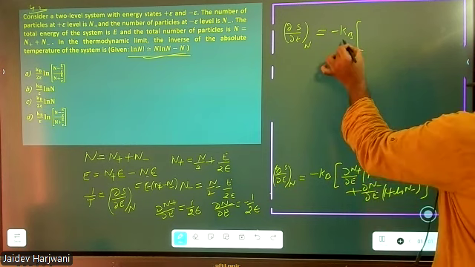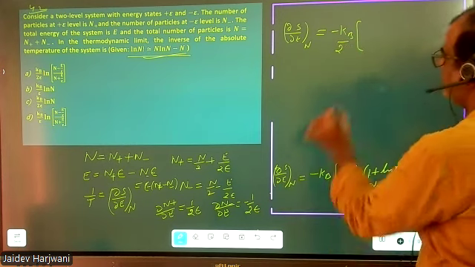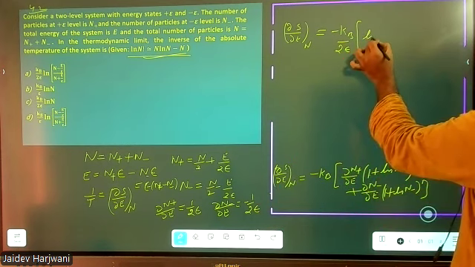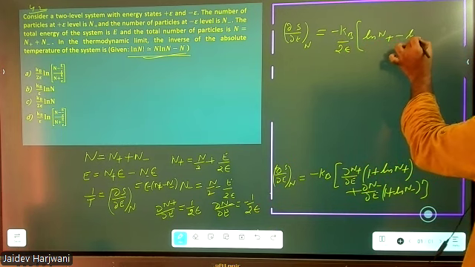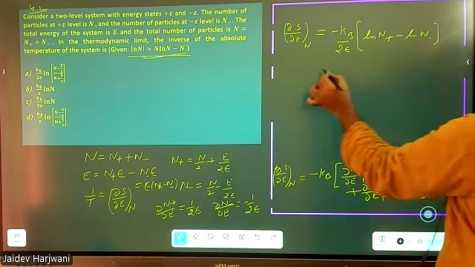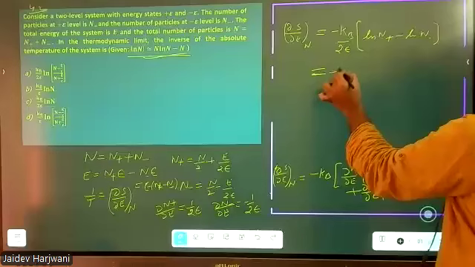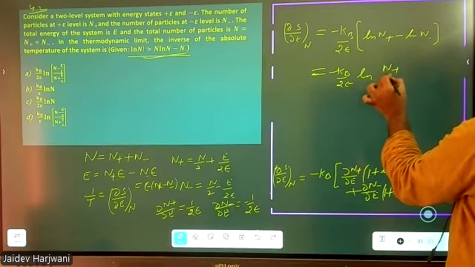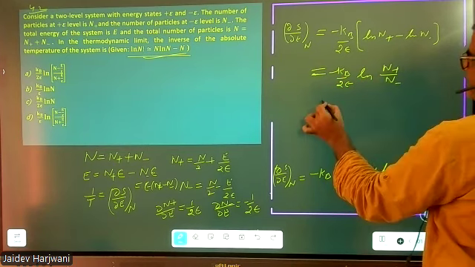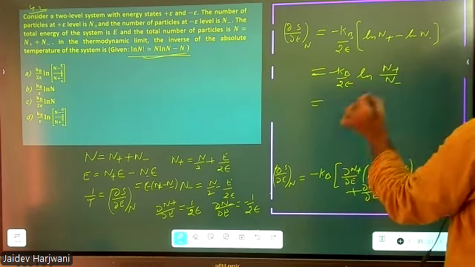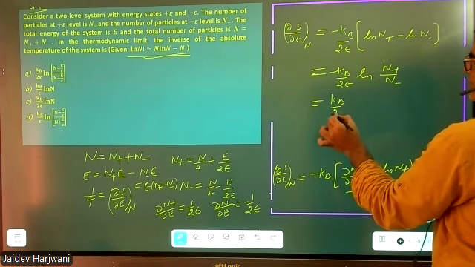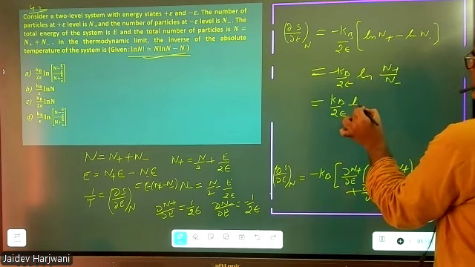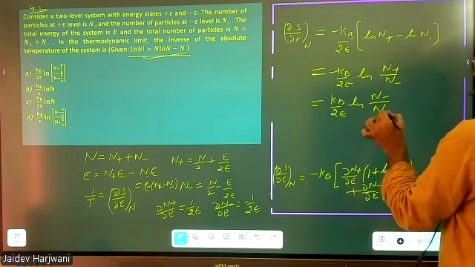Okay, so I can take 1 upon 2E common, and I will be left with only ln n plus 1 minus ln n minus, and this will give me minus KB upon 2E ln n plus upon ln n minus, and here minus I can send here, so I can get KB upon 2E ln n minus upon n plus.